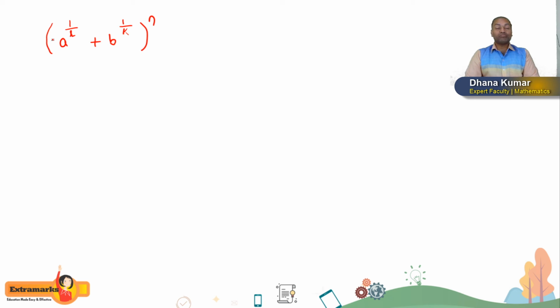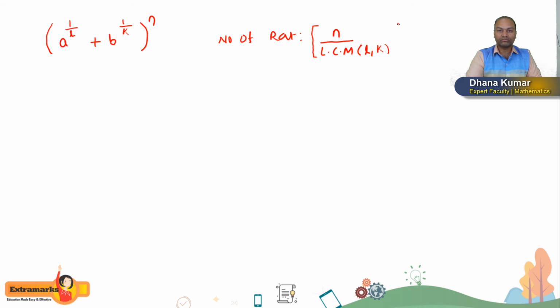The number of rational terms in this expansion is equal to the step function (floor) of n by LCM of the denominator values L comma K.